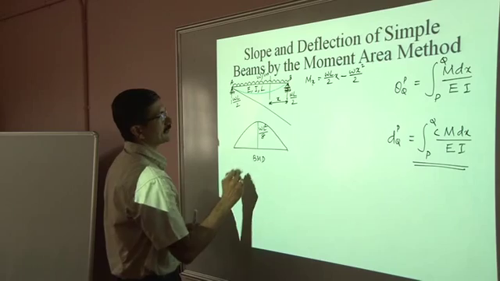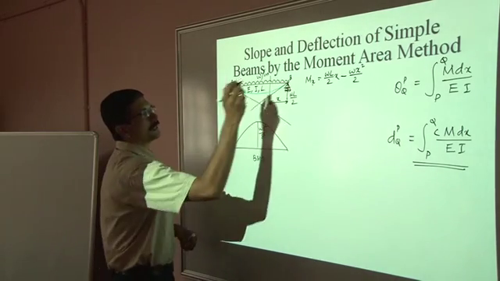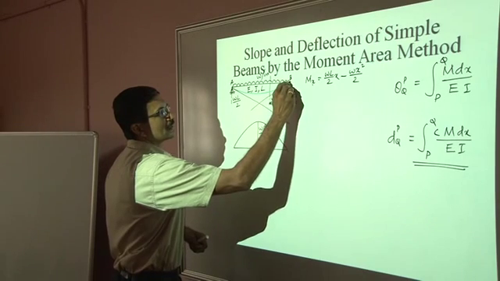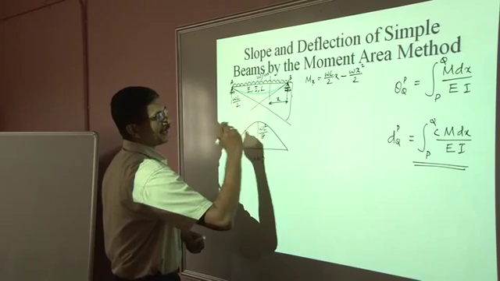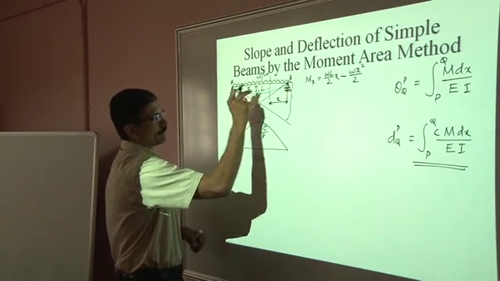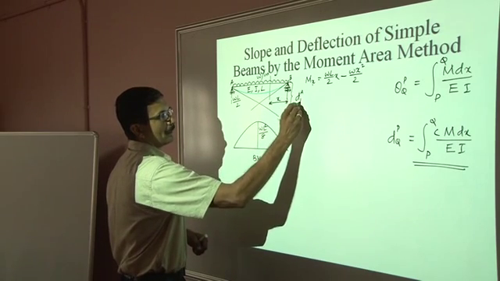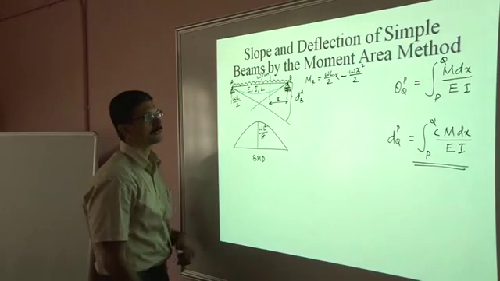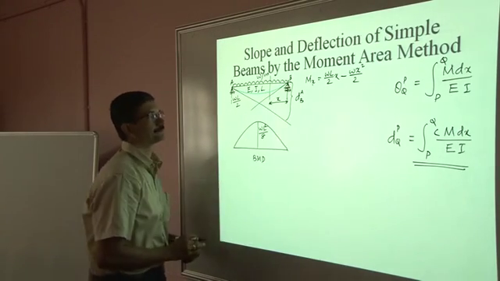Tangent drawn to elastic line at B would be like that. So this distance is defined as the deviation of the tangent drawn to point B with respect to that of point A. We define that as d, A on top and B below. Deviation of tangent drawn to point B with respect to that of point A.